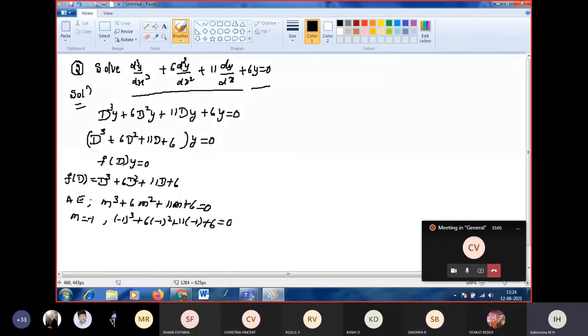So therefore we conclude that m is equal to minus 1. You put it in the box. You should highlight your roots. This is the first root of equation 1.